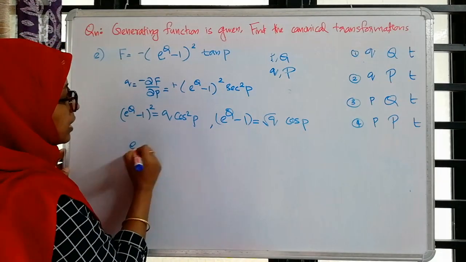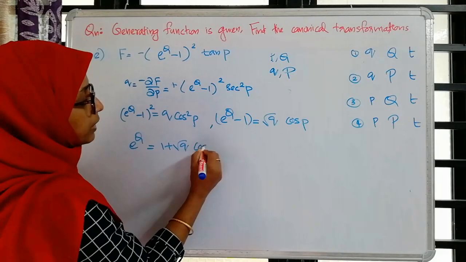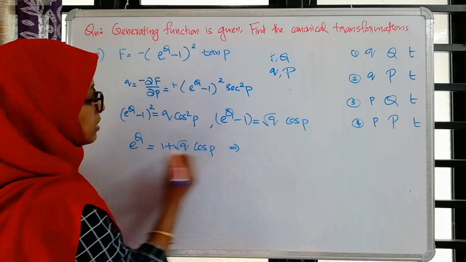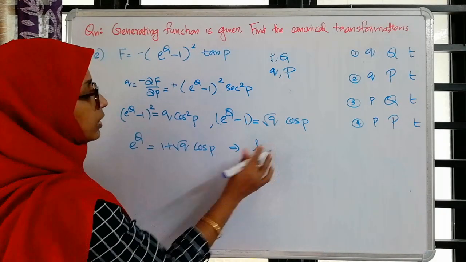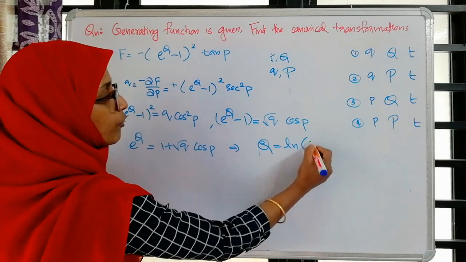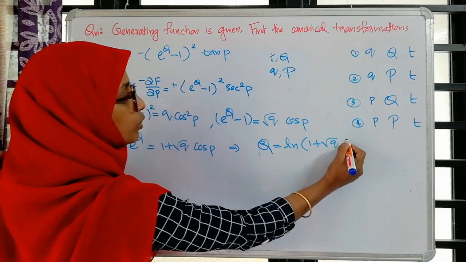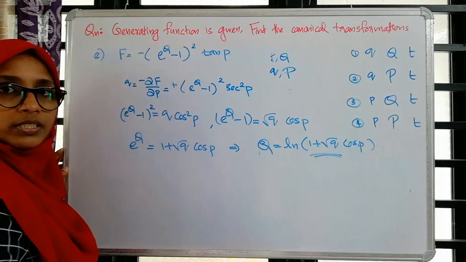From this, e^q is equal to 1 plus root q cos p. And to vanish the exponential, taking the natural log, capital Q is equal to natural log of 1 plus root q cos p. This is the first transformation equation.